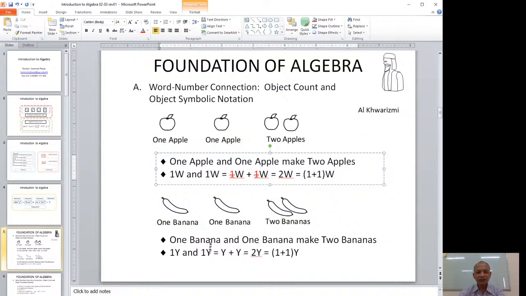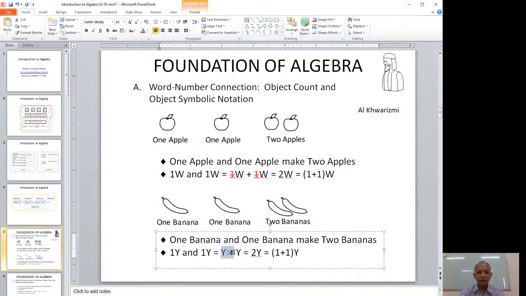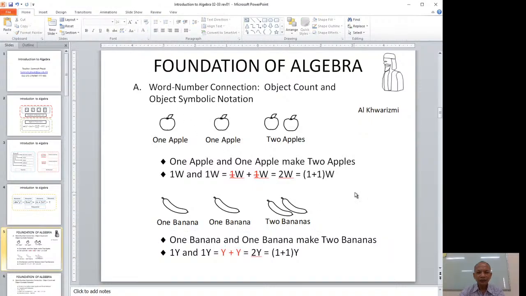Similarly here we have banana, 2 bananas. 1y plus 1y equals 2y. See here, we don't write 1W, just W. W equals 2W.